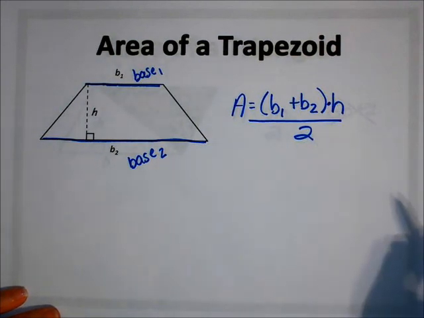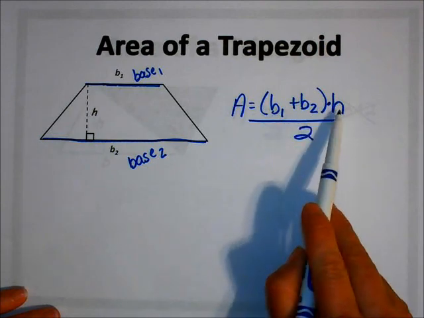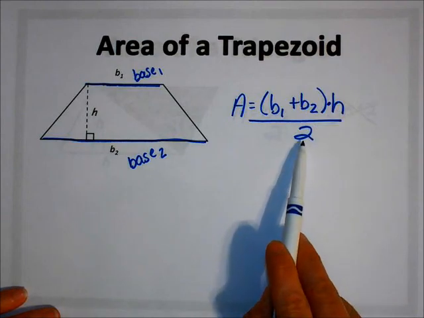So the formula for area of a trapezoid is base 1 plus base 2, then times the height where it's standing up tall and straight, and then divide by 2.